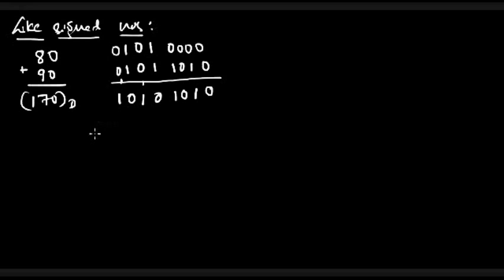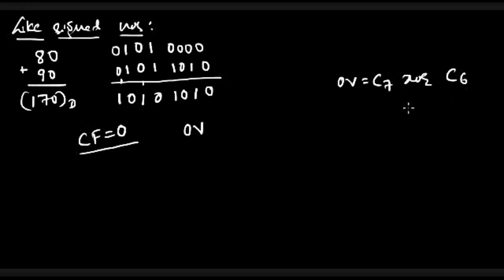And if we observe, carry flag is set to 0. And if we look at overflow flag, we know that overflow flag is C7 XORed with C6. Here, if we observe it closely, there is a carry out from bit 6, so it is 1, XORed with C7, where there is no carry out from bit position 7, so here it is 0.